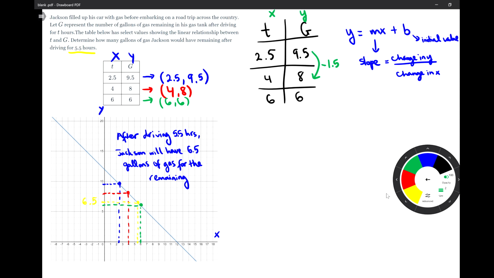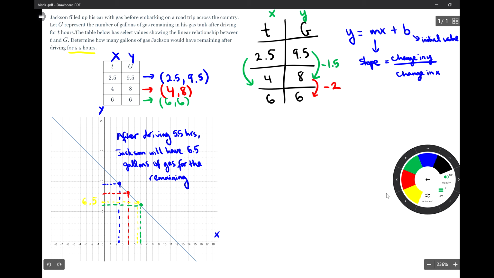And from 8 to 6, what is the change? It will be subtract 2. That's totally fine. Now we go to the x column and see what the change in x is. Again, what is the change from 2.5 to 4?